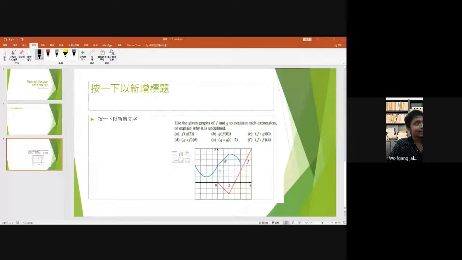Basically, the main difference is, for example, in high school, usually we only learn about a function that is continuous.